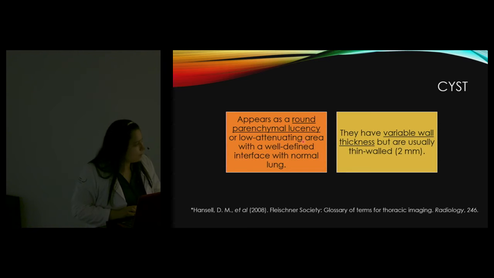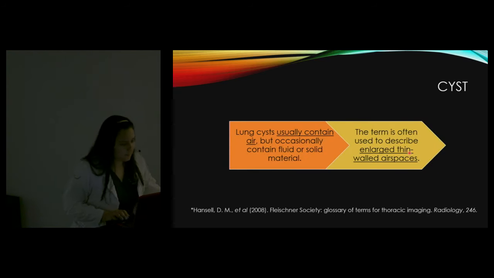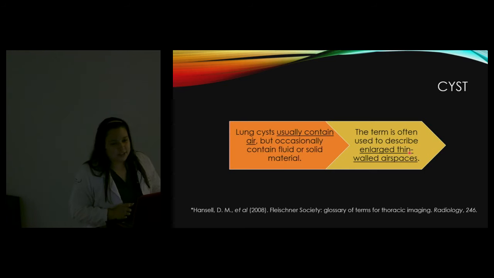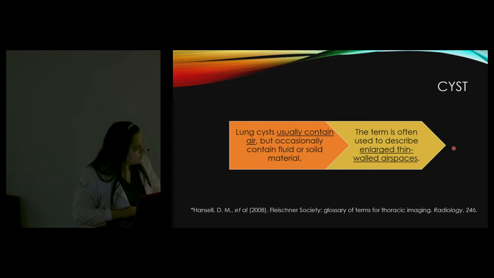It has a well-defined interface with the normal lung, and the wall thickness is variable, usually thin-walled, of about 2 millimeters. Lung cysts usually contain air, but occasionally can contain fluid or solid material. And this term is often used to describe enlarged air spaces.